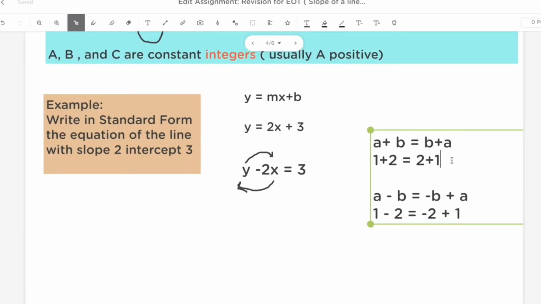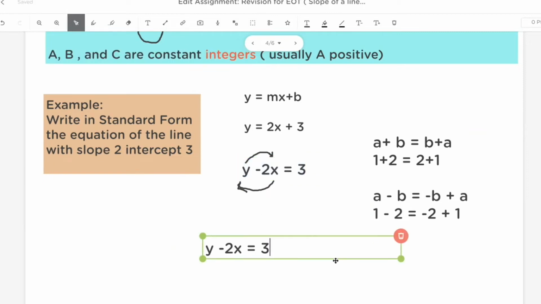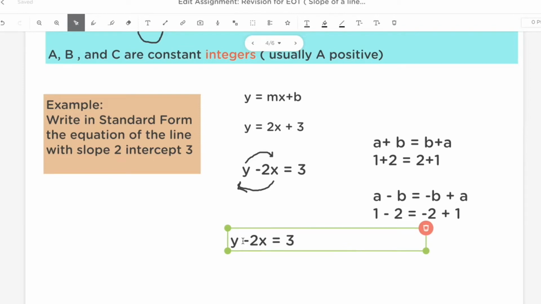Is that clear? So here I can swap them and put negative 2x first and y second. So what do I get? When I swap, I get negative 2x plus y equals 3.